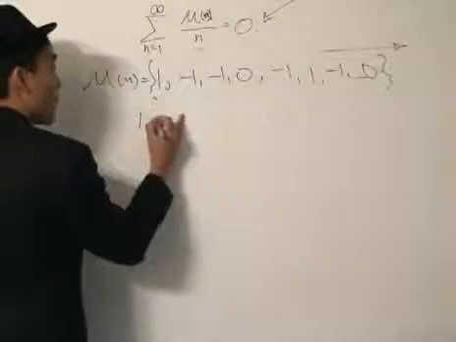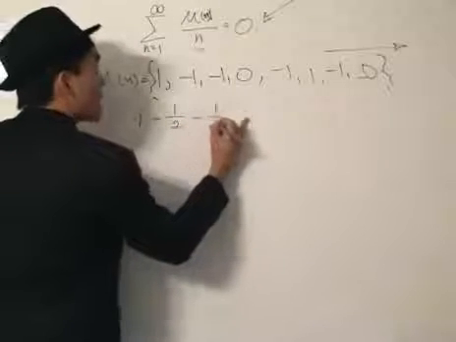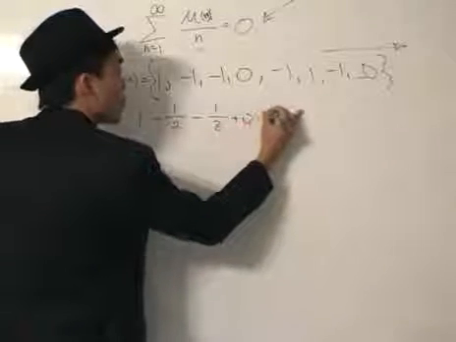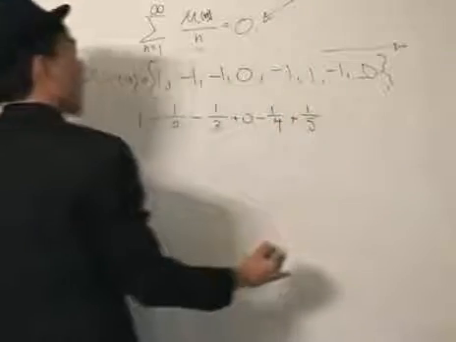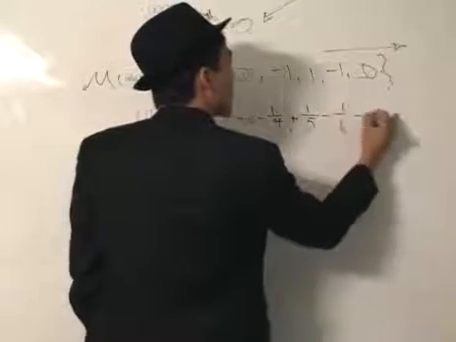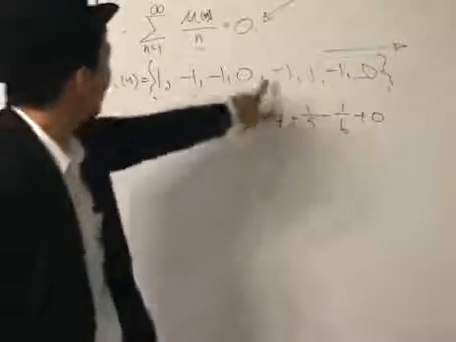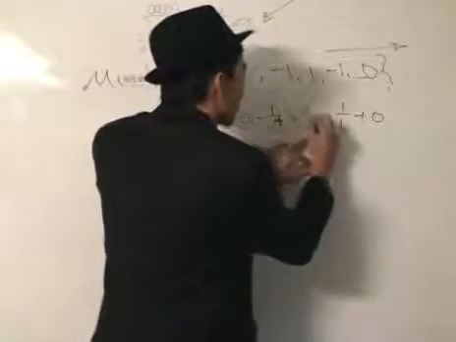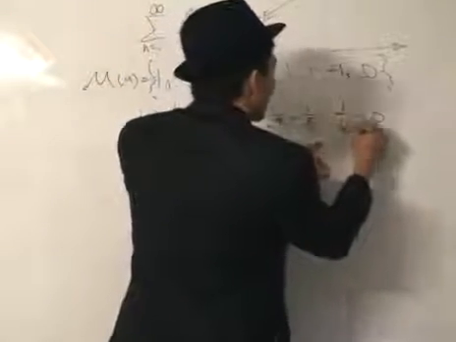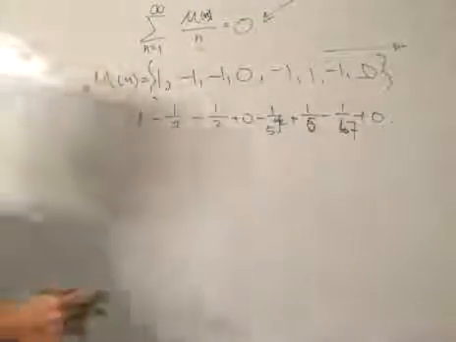So there will be 1 minus 1 divided by 2, minus 1 divided by 3, plus 0, minus 1 divided by 5, plus 1 divided by 6, minus 1 divided by 7. Sorry, my apologies, 5 is here, 6 is here, 7 is here. When we take the sum of this, it equals 0.